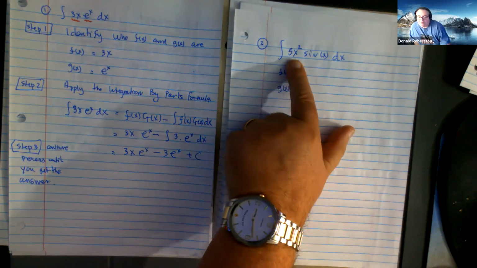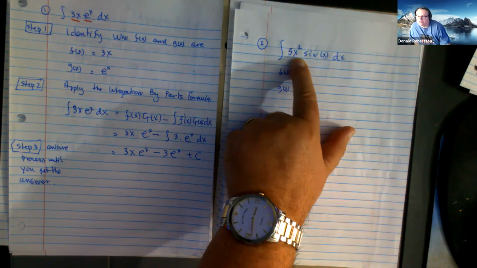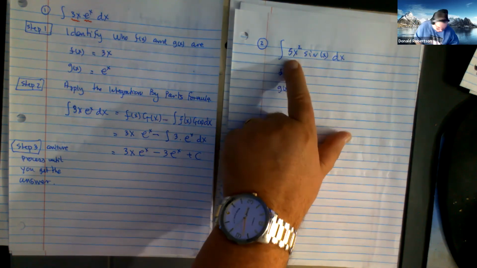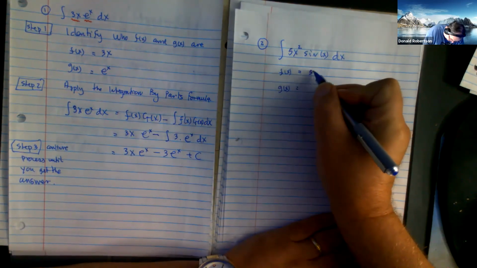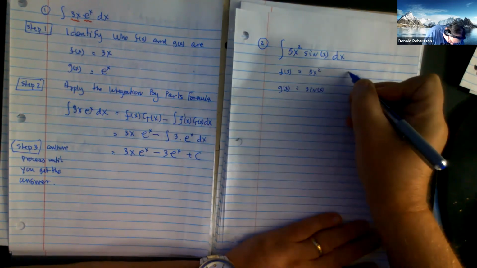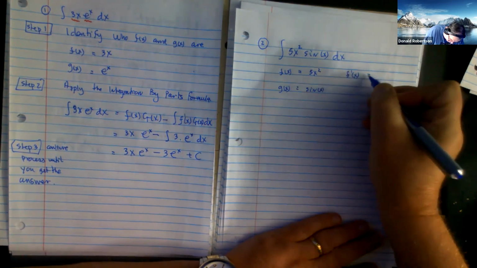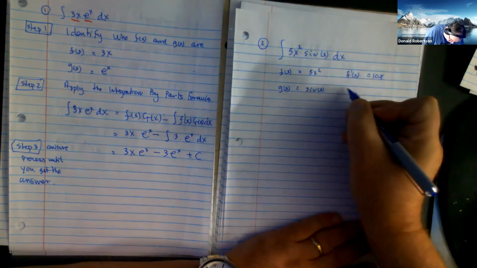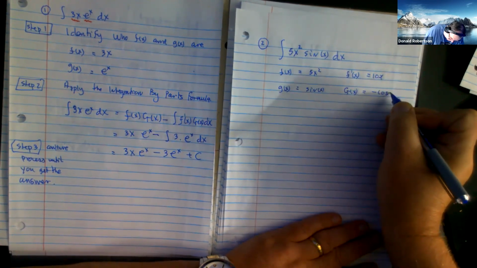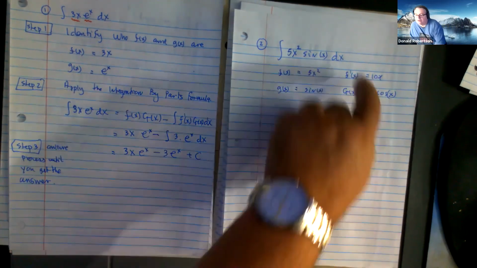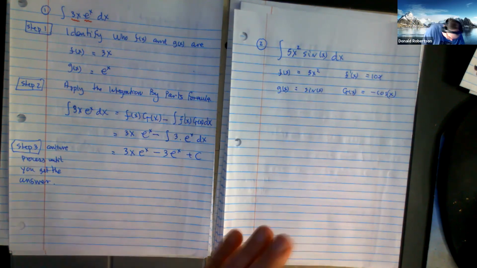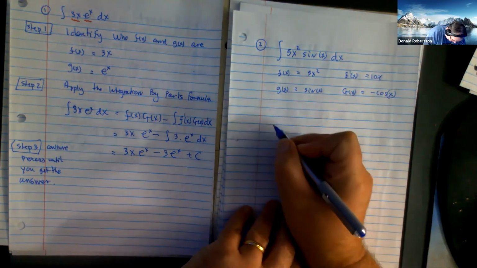Would you be comfortable with 5x squared being the f and sine x being the g? Would you agree this is a pretty standard two to pick? So this is going to be 5x squared. This is going to be sine x. Especially in the ugly ones, I write down what the derivatives or the integral are as well. That's step one done.